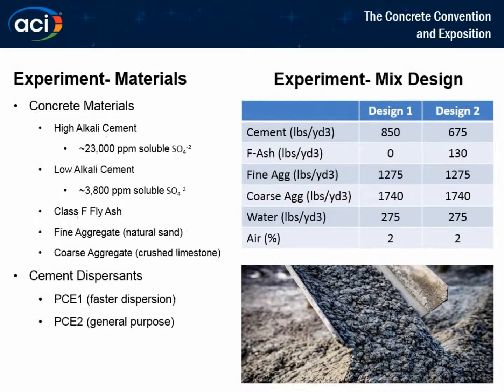For the experiment, we utilized two cements, one being a high alkali cement and the other extreme being a low alkali cement, as well as those cements in combination of two mix designs. Those mix designs are listed over on the chart on the right. They were chosen with the intent to demonstrate the influence of polymer modifications in more difficult to wet out mixes.